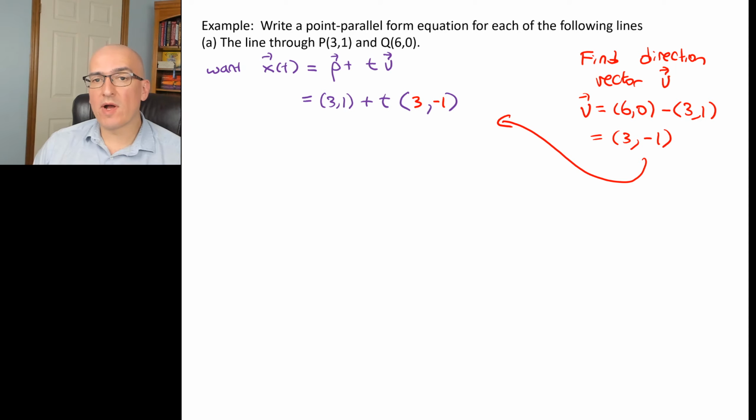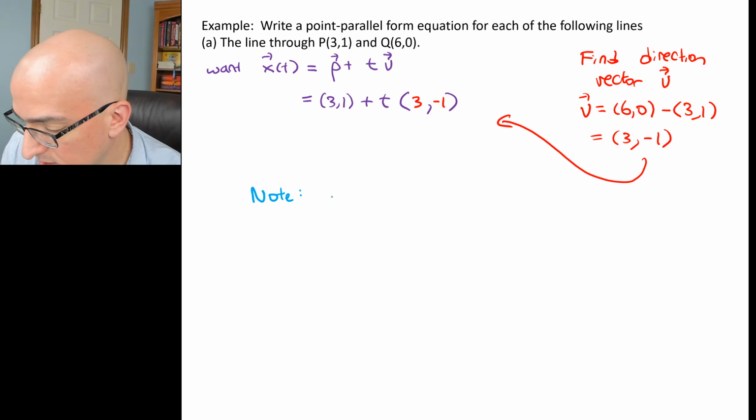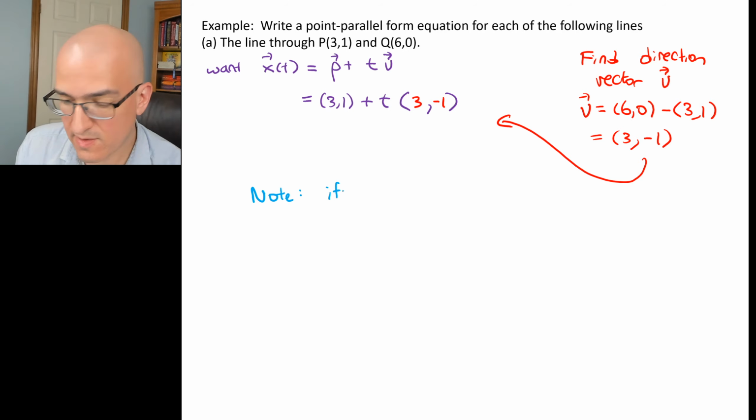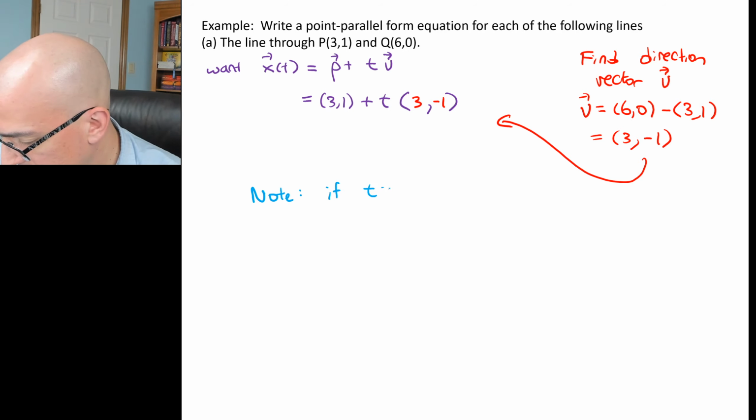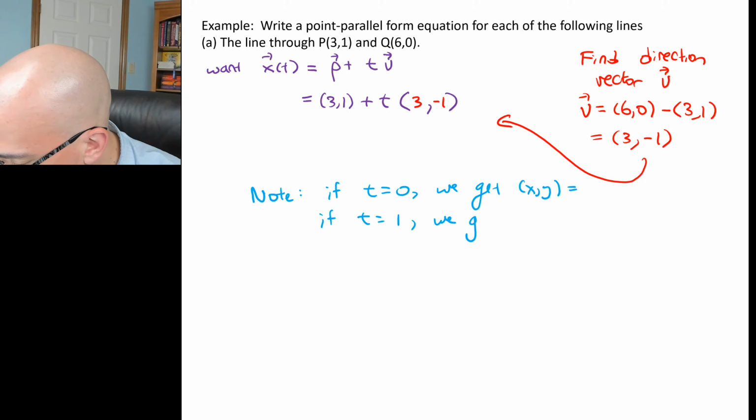If I let t equal 1, I get exactly that point. I get 3, 1 plus 3, -1, which is 6, 0. I get the second point. If I let t equal 0, I get the first point. And it's worth writing that down. So note, if t equals 0, we get x, y equals p.